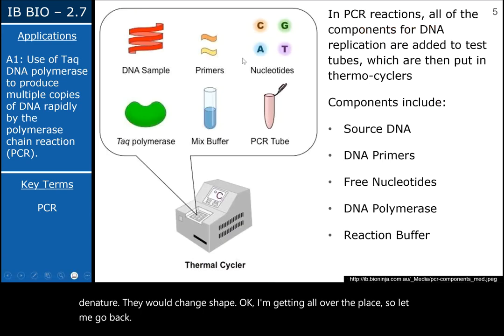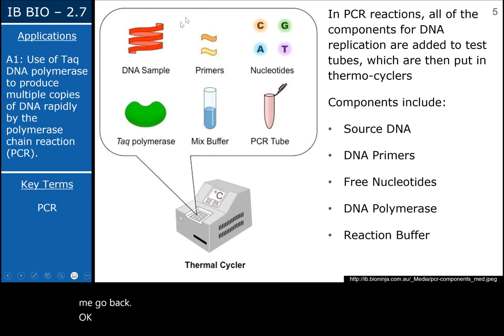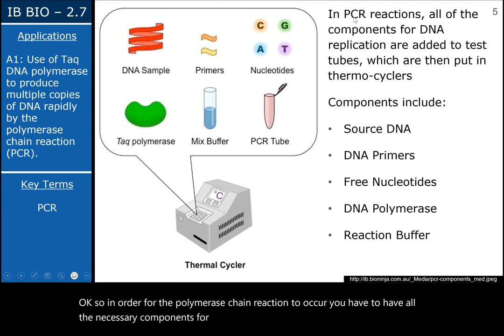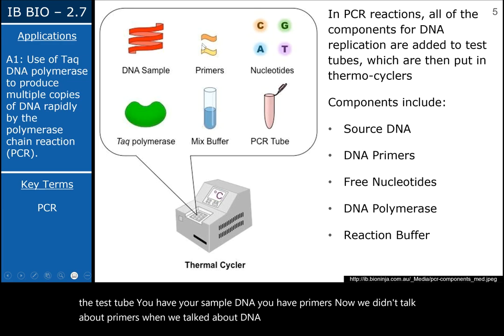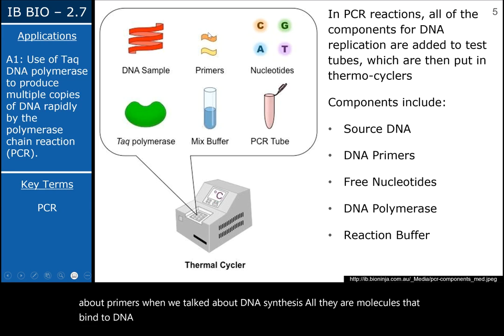Okay, so in order for the polymerase chain reaction to occur, you have to have all the necessary components for DNA replication. So you put all of these things in the test tube. You have your sample DNA. You have primers. Now, we didn't talk about primers when we talked about DNA synthesis. All they are is molecules that bind to DNA that tell the molecules where to start copying DNA.